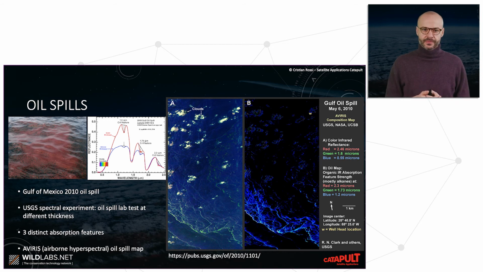That was a lab test that was looking at the different components of the spectrum for different thicknesses of the oil. So they were looking, for instance, at a thickness of 0.5 millimeter versus something more, which I can read, but is in the figure over there. So basically, by studying the different thicknesses of the oil and the spectral components associated to it, it's possible to classify it and to detect it.